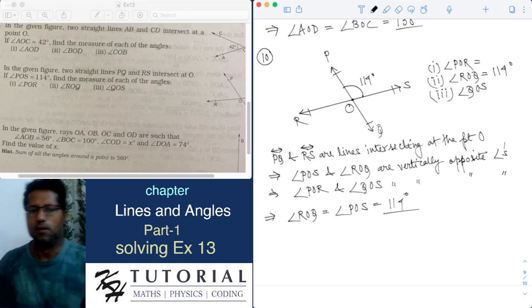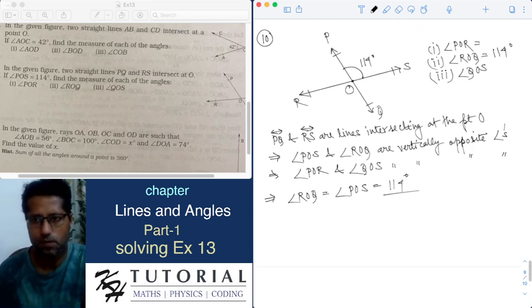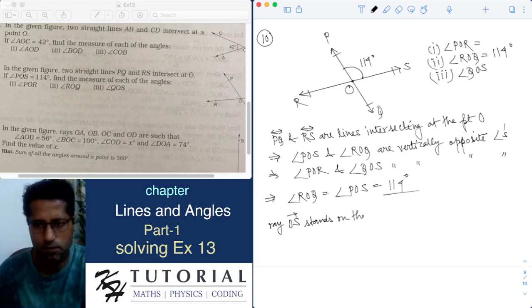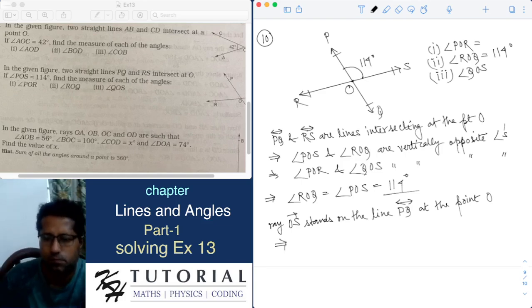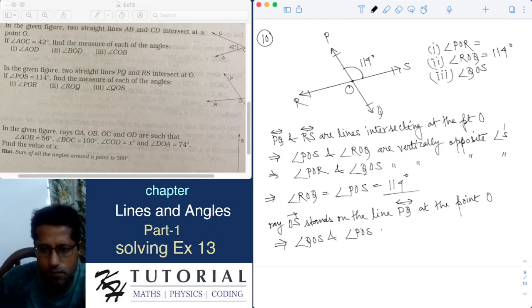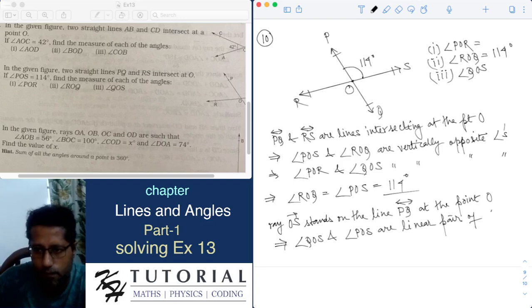Now, ray OS stands on the line PQ at the point O. So this implies angle QOS and angle POS are a linear pair of angles.